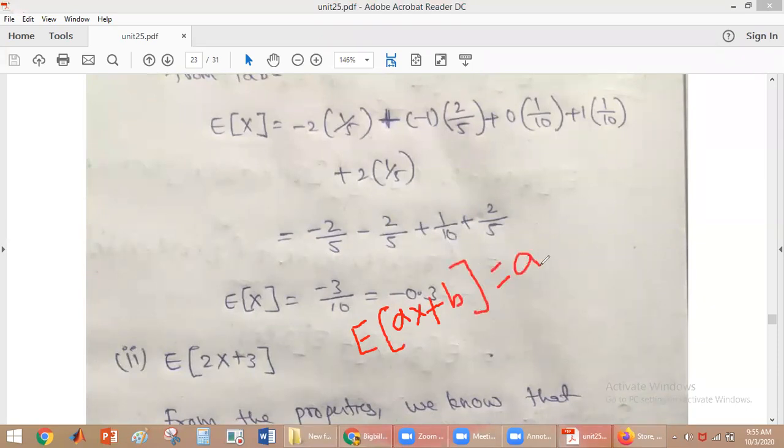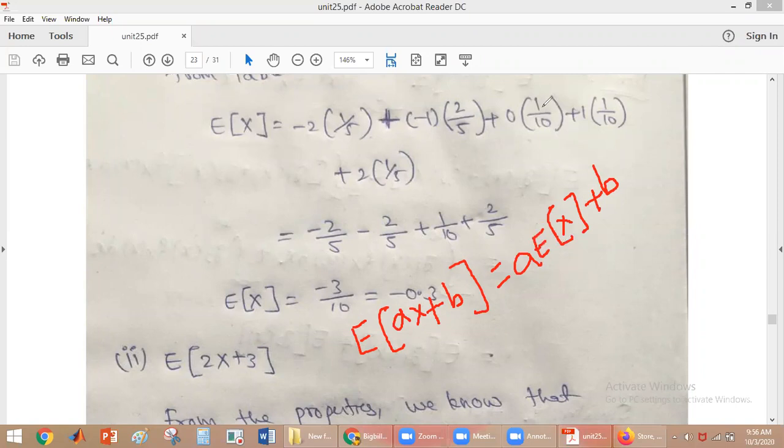So using this property, E of ax plus b is a E of x plus b.